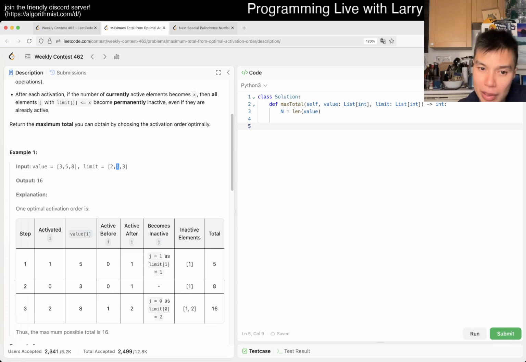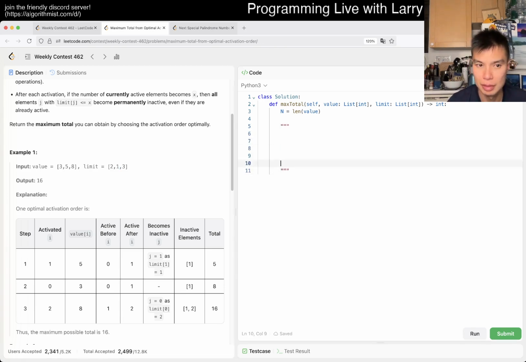Because if you have something like limit 1, 1, and then you have like, I don't know, limit 4, 4, 4, 4, 4 limits, and then like 5, 5, 5, 5, then you would just want to do all 4 5s and just ignore this one, right? So how do we kind of get this?